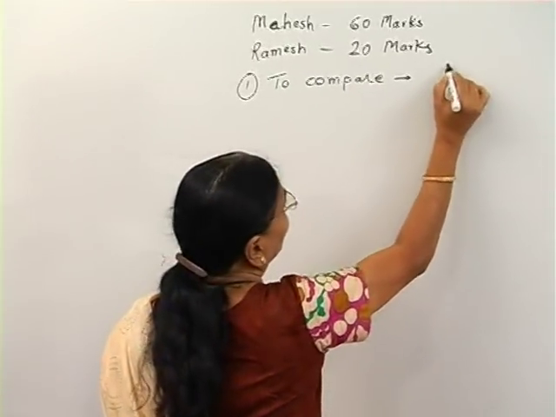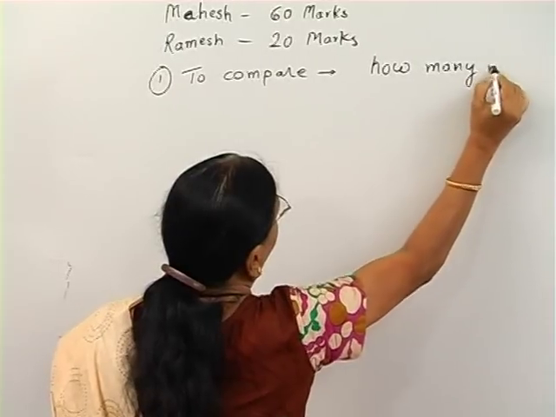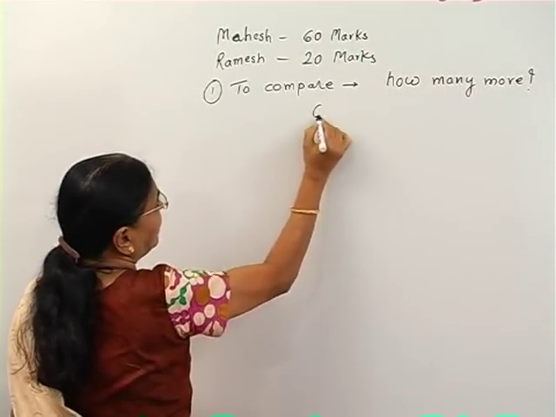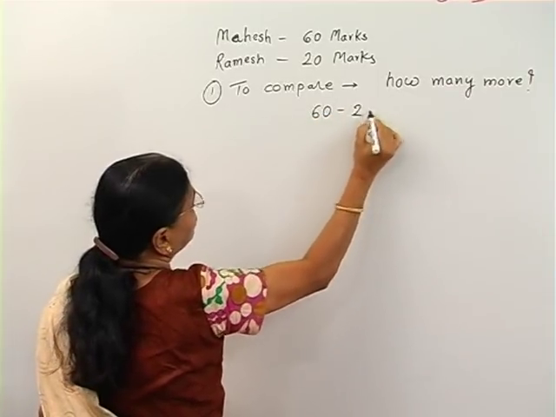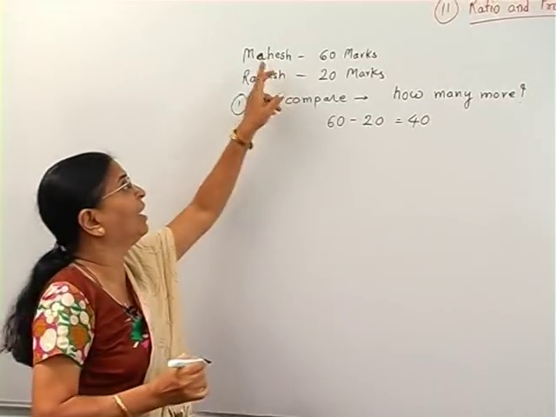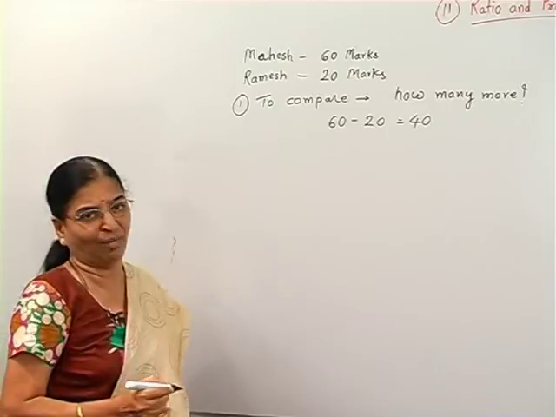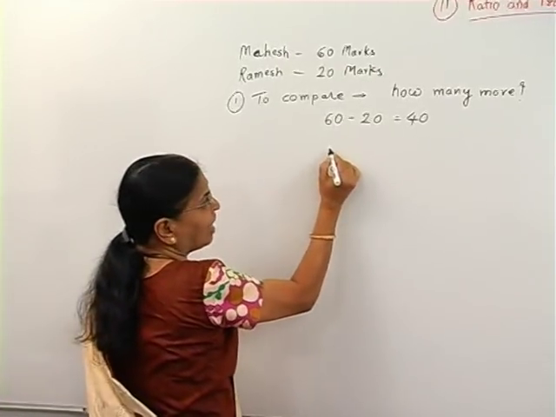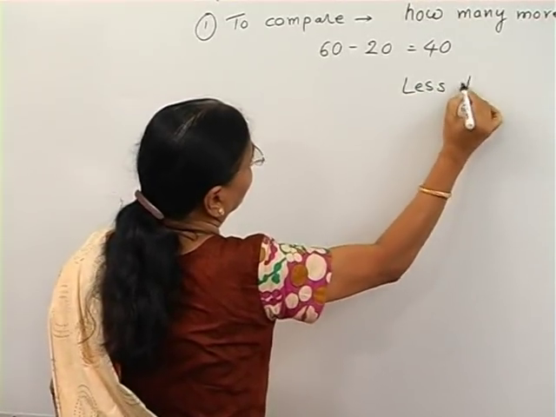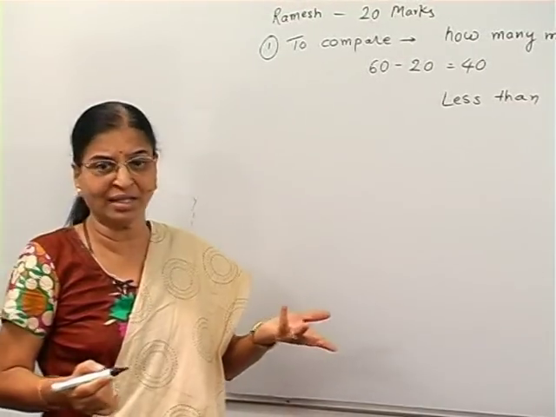Here I will say that 60 minus 20 will be 40, and I can answer that Mahesh got 40 marks more than Ramesh. But I can have this as less than also. How much less? That can also be the answer.